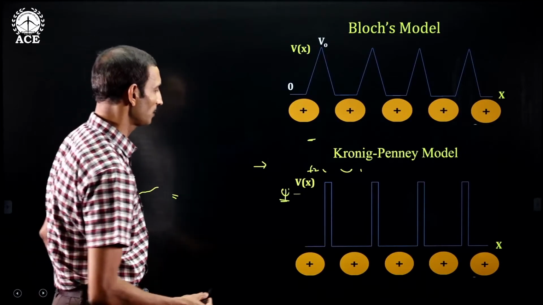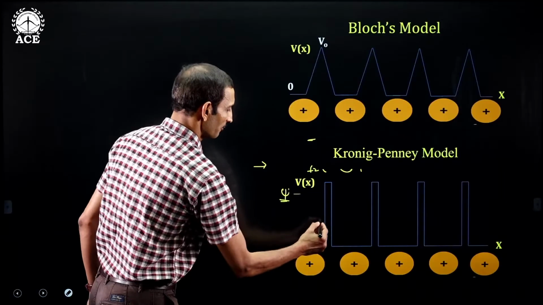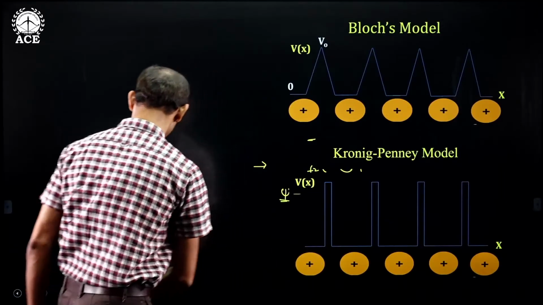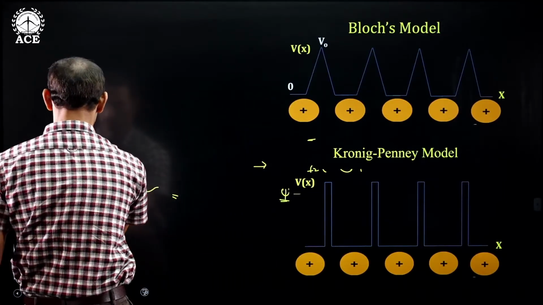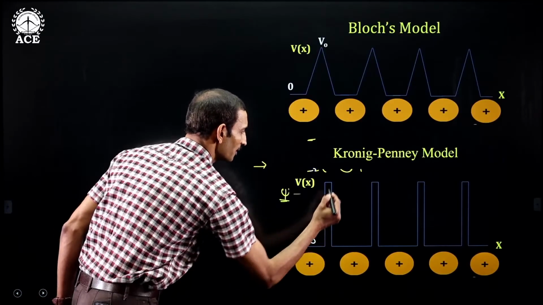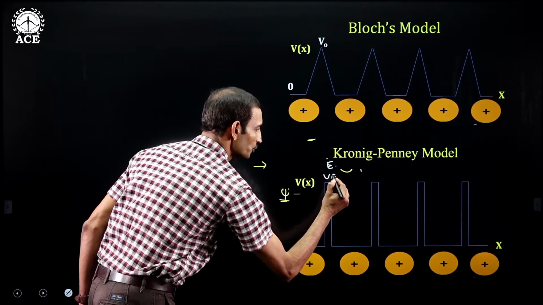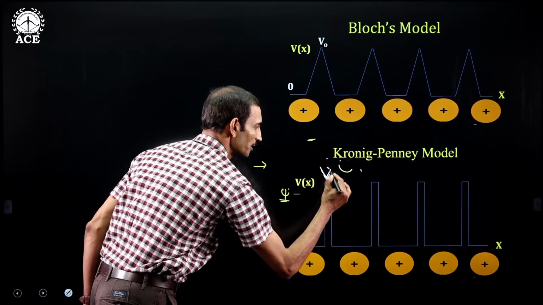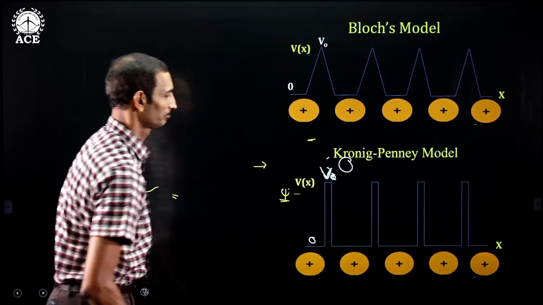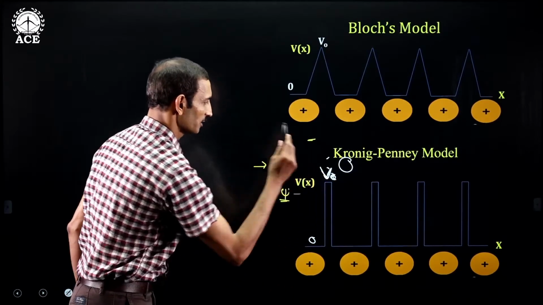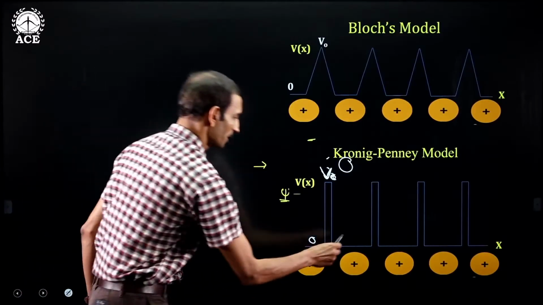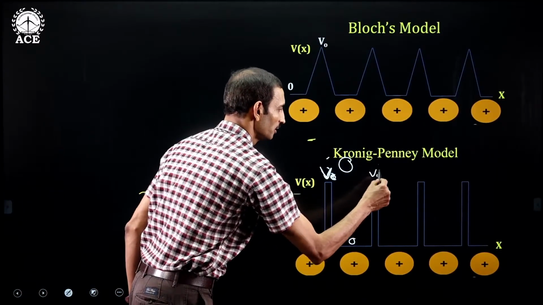Now you have only two values of V of x. V of x can be 0, or V of x can be maximum, which can be say V naught. V of x is equal to 0, V of x is equal to V naught. Only two values. Here V of x is 0, here V of x is V naught.